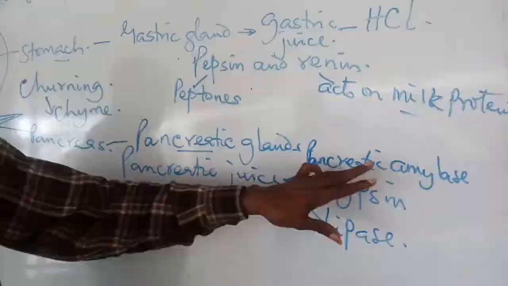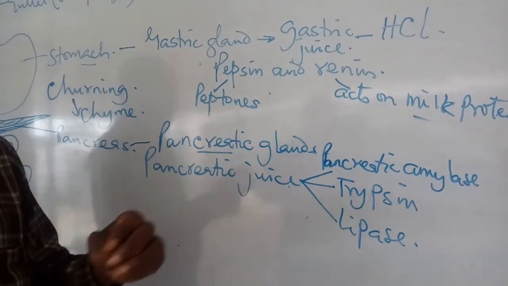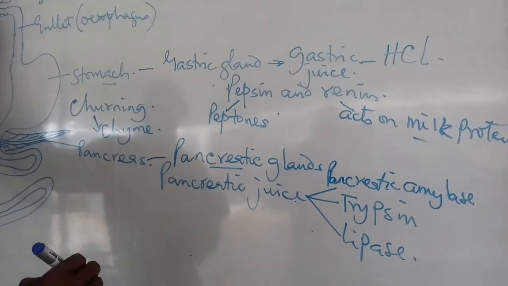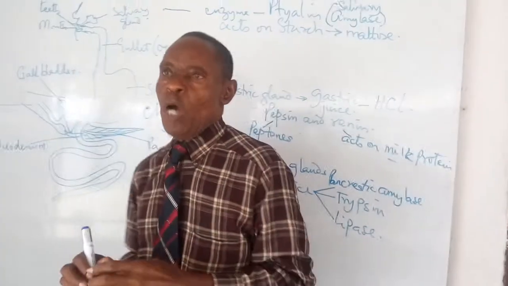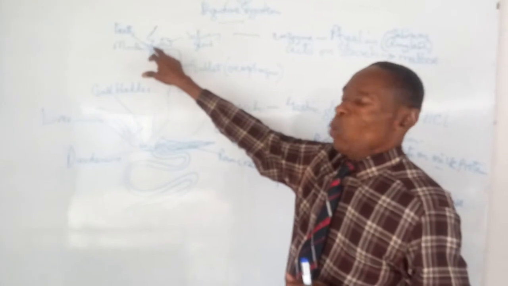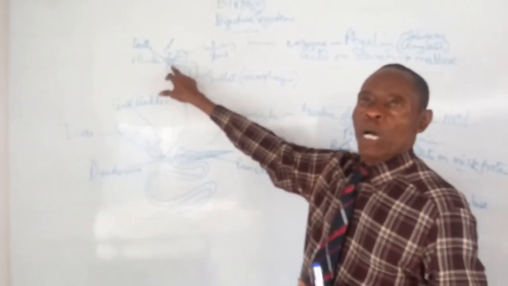The pancreatic amylase here acts on starch, because take note, the digestion did not complete there, because not all the starch was broken down into maltose.